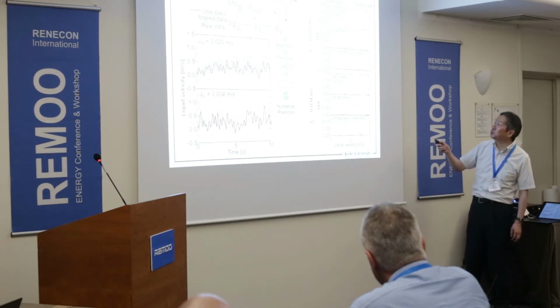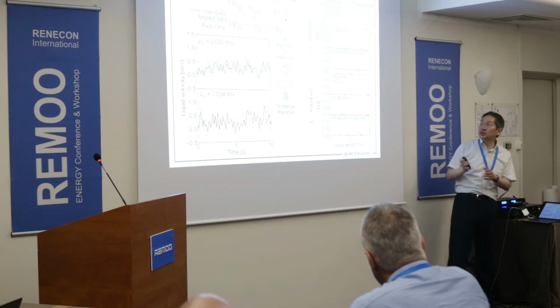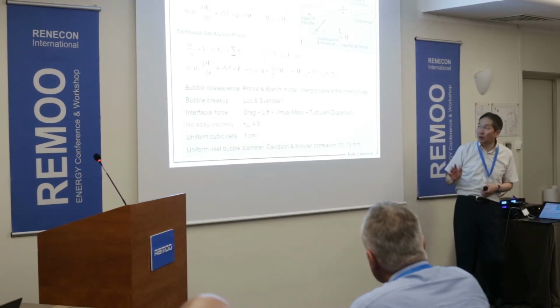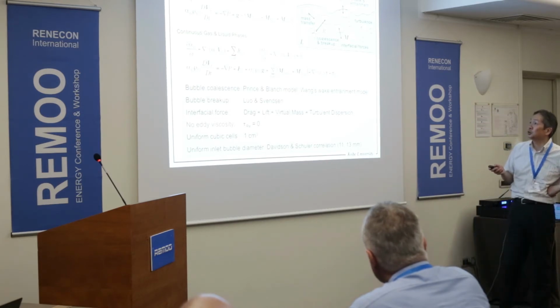These are the filtered velocity PDFs, and the dotted lines are the raw data, so there's no big difference anyway. We used these data for the comparison with the numerical prediction, and we used our own hybrid method, which is a combination of a multi-fluid model and interface tracking method.